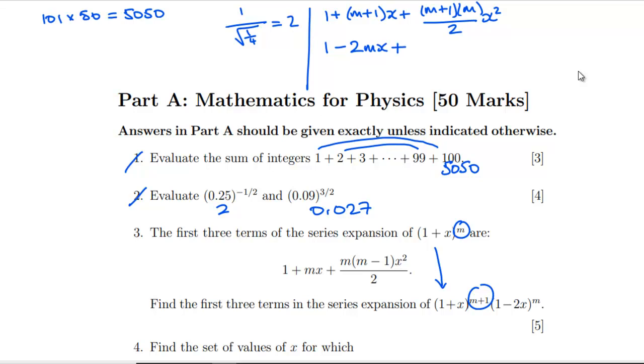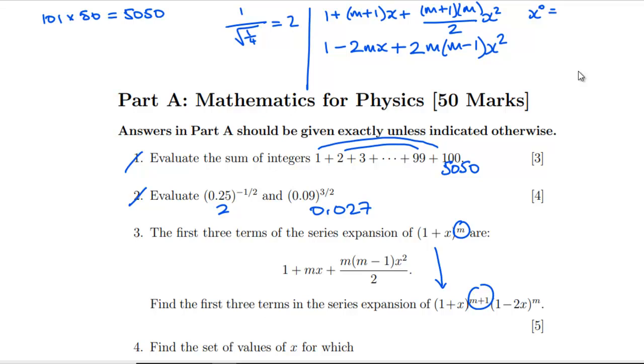So we'll have 4x squared, so 4 divided by 2, so 2m(m minus 1)x squared. So we've now got to multiply these together for going up to powers of x squared.